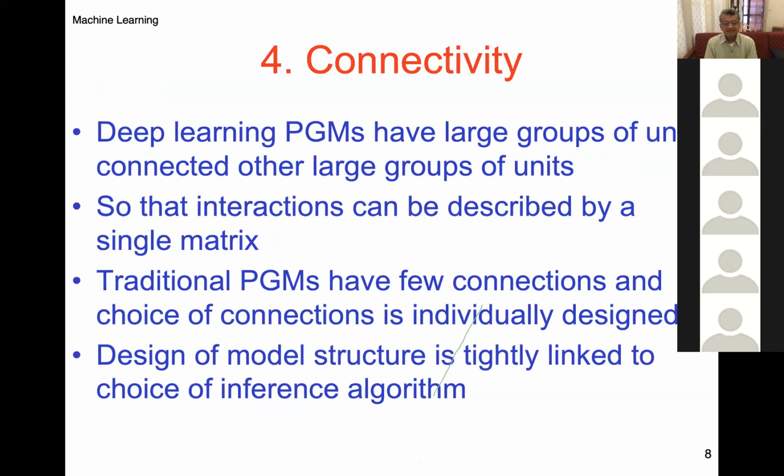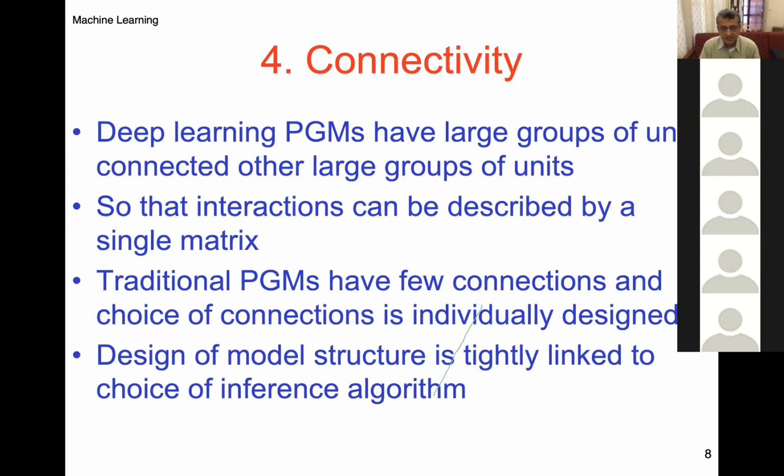What about connectivity in general graphs and deep learning? Deep learning graphical models have large groups of units connected to other large groups of units, so that interactions can be described by a single matrix. We are going from one level to the next level. So bang, a matrix multiplies all of the things coming in from the first level and gives you all the values at the next level.